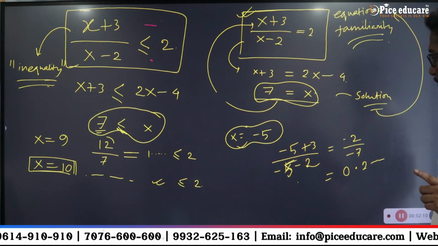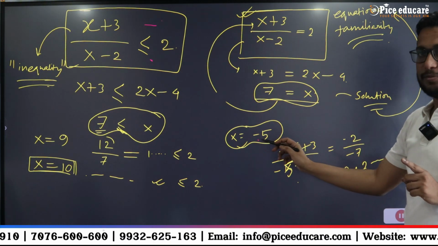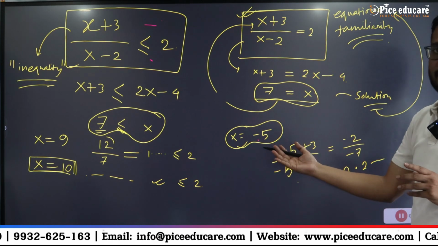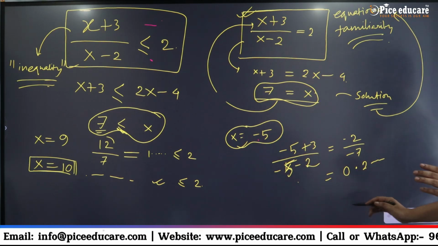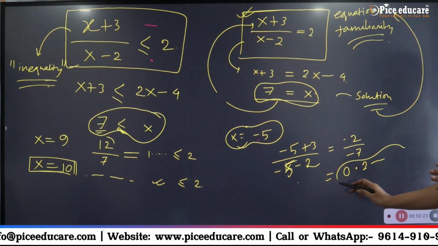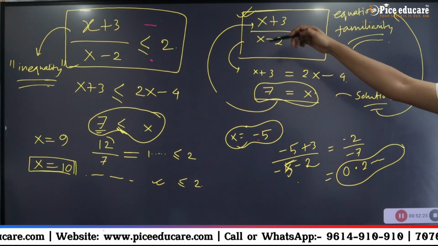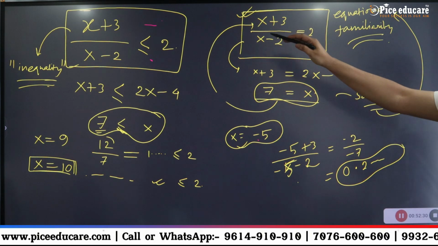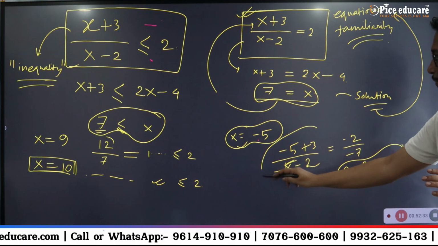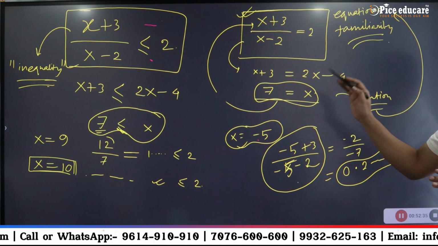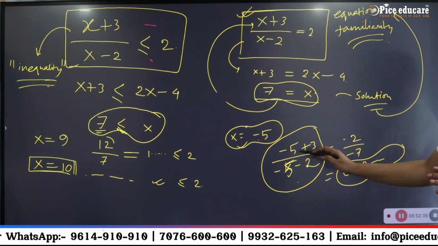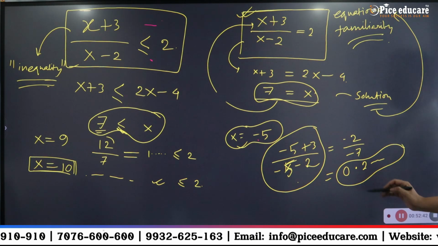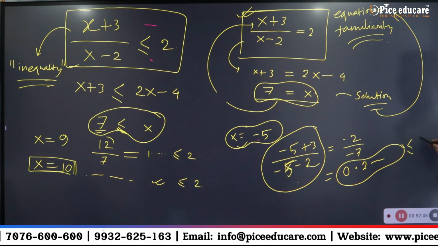But I have just shown you that if I take -5 as x, which is not bigger than or equal to 7, it is much lesser than 7, still we see that our condition is met. We put -5 in place of x, so -5 plus 3 over -5 minus 2, and this ratio ultimately turns out to be 0.2, which is again less than or equal to 2, right?